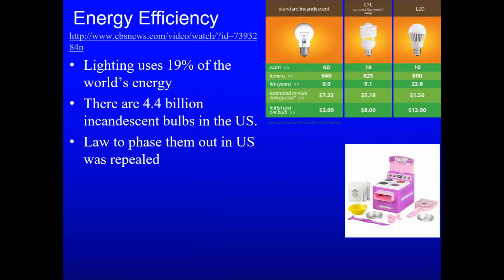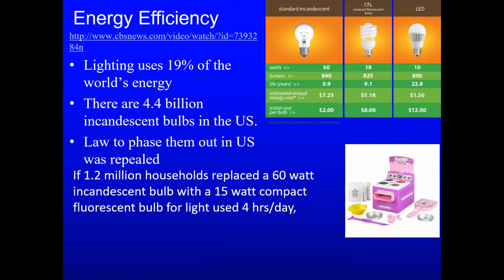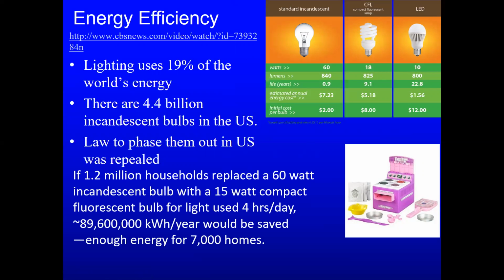I've watched my electricity bill go down as a result. If 1.2 million households replaced just one 60-watt incandescent light bulb, you could save enough electricity to power 7,000 homes. So really, if we have the technology, why would we not become more energy efficient?